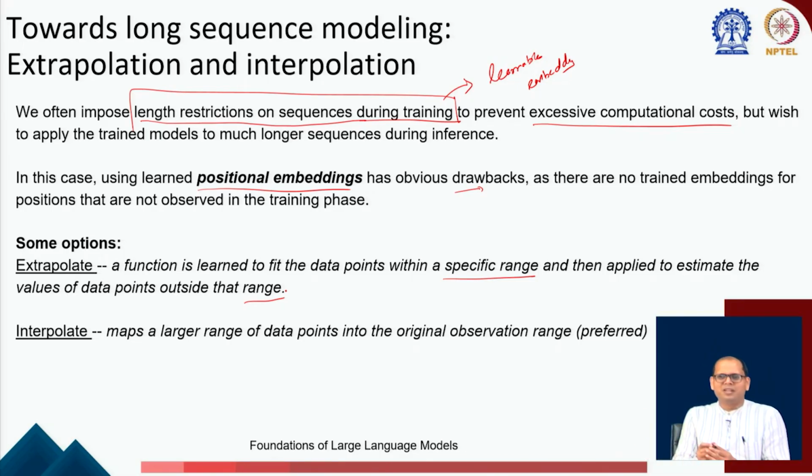So you take that larger range of data and put it on the lower range on which you have learned it, and you can interpolate. So you map a larger range of data points into the observed range. Interpolation is typically more preferred, and we will see how we use interpolation with RoPE embeddings towards the end.